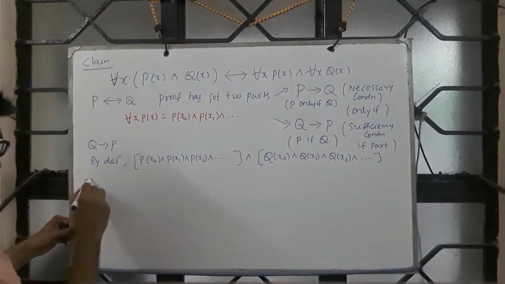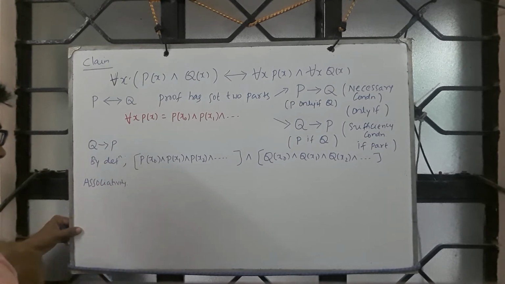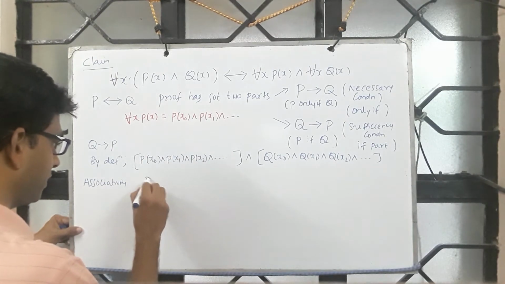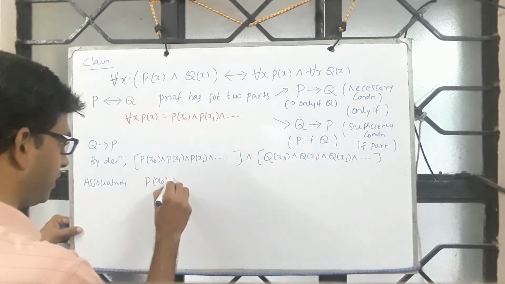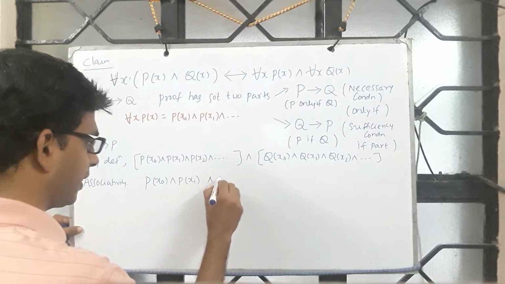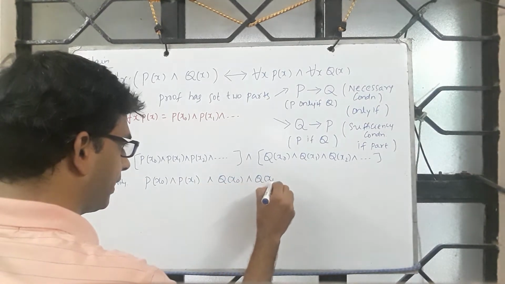Then use associativity property, and as we did before, just work with the first two expressions so that you appreciate things. So p of x naught and p of x1 and q of x naught and q of x1.